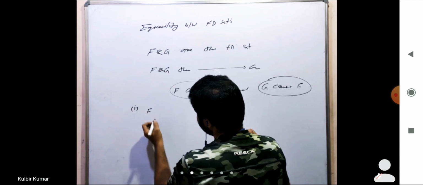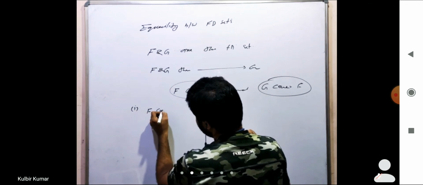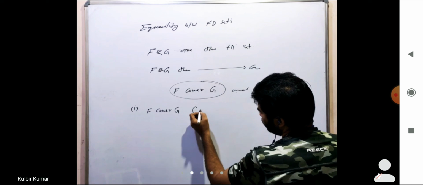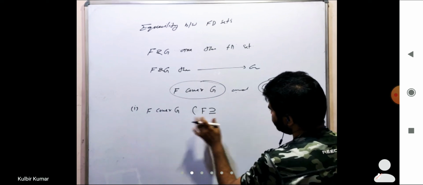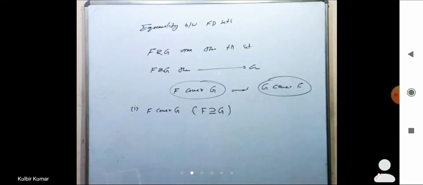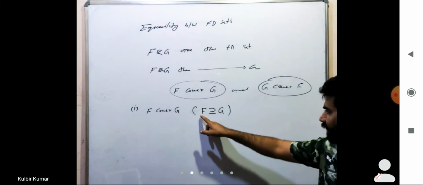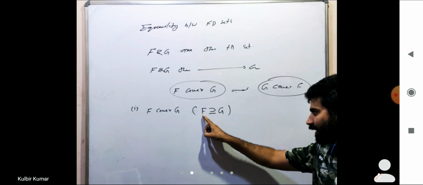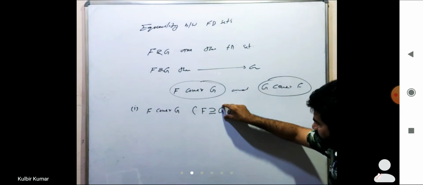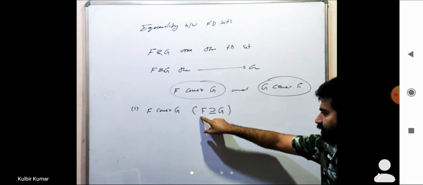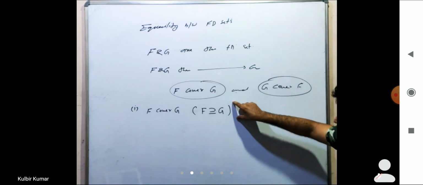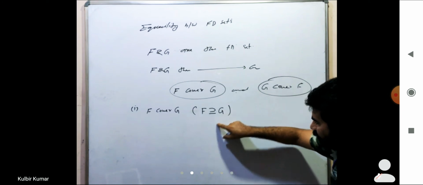First case, it is F cover G. F cover G means F is covering everything of G, so F is the superset of G. This is what F cover G means, or we can say all the functional dependencies of G are covered by F, or all the functional dependencies of G are implied in F. ठीक है, तो G की जितनी भी फंक्शनल डिपेंडेंसीज होंगी वो F में इम्प्लाई करेंगी. और इम्प्लाई कैसे करेंगी वो अभी अभी हमने मेंबरशिप टेस्ट से देखा है. ठीक है, तो ये केस रहेगा that all the functional dependencies of G are implying in F.